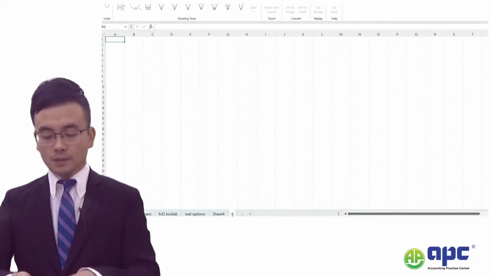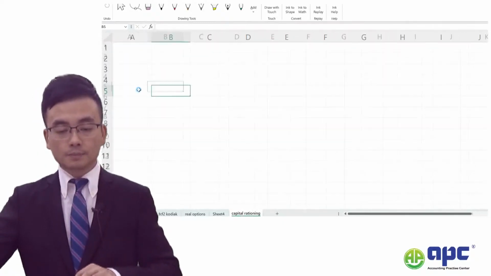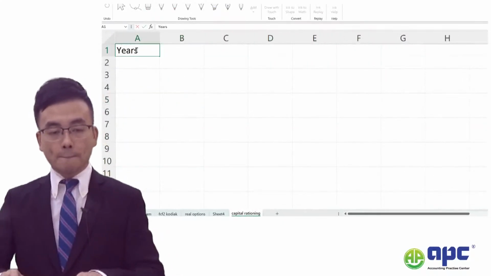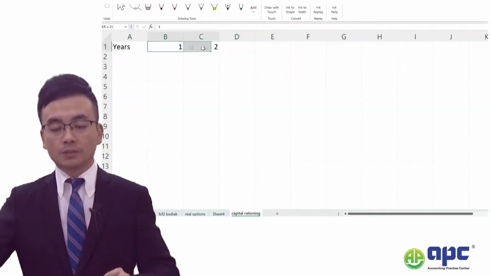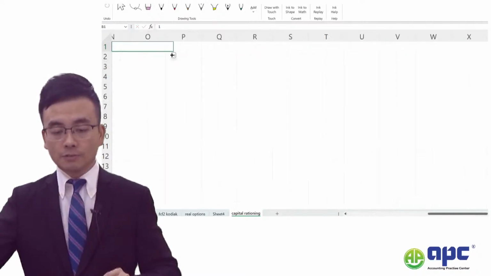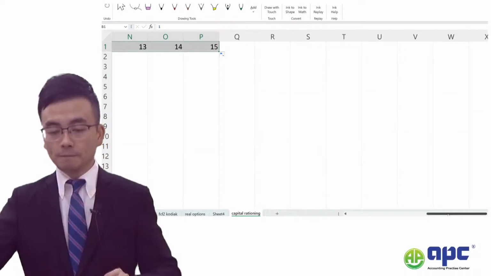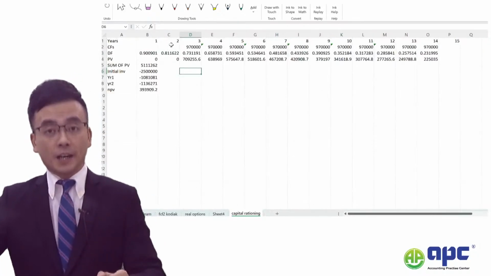so that's the capital rationing. So years 1, 2, selecting all this, 1, 2, and then for 15 years. Now here, I've done the calculations.